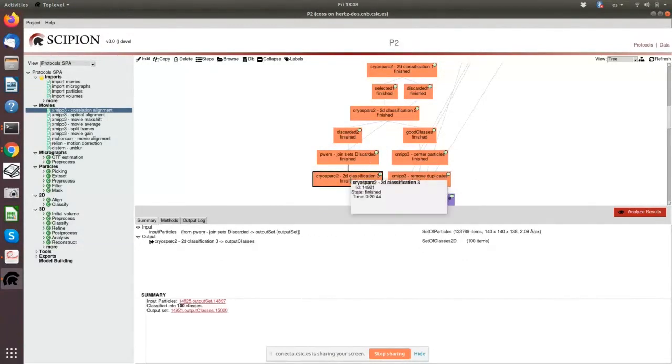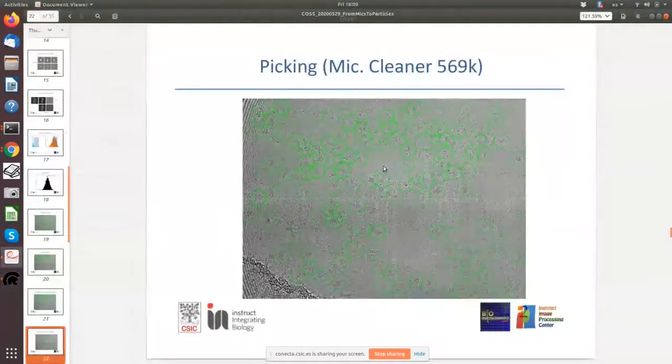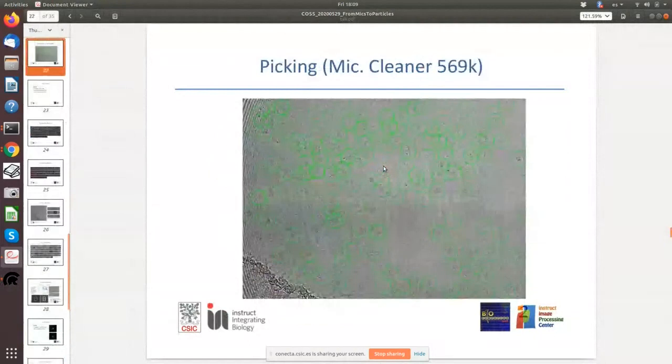And I wanted to see if I could recover a few of them for the processing data set, but I couldn't. So we can look at the classes. And most of the classes look very bad. This may take a while. In the meantime, let me show you some other slides.